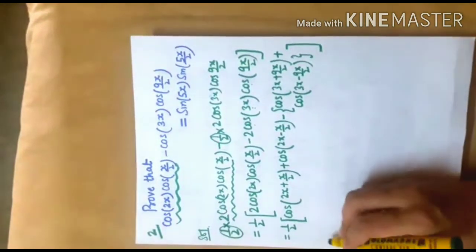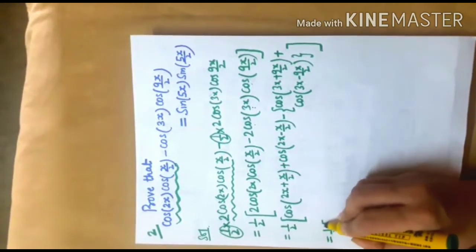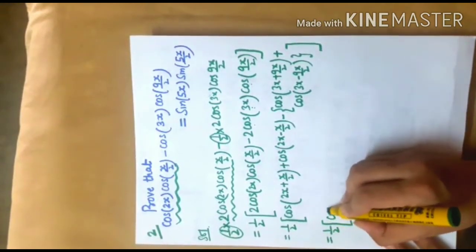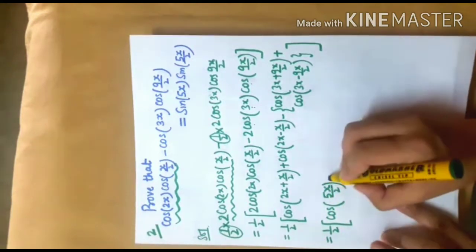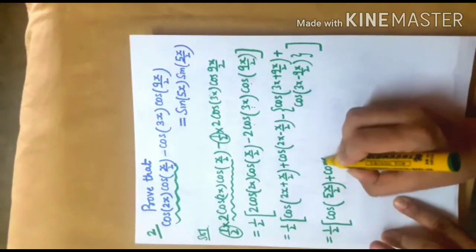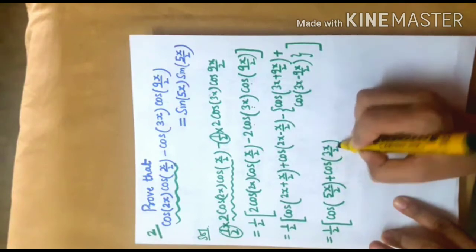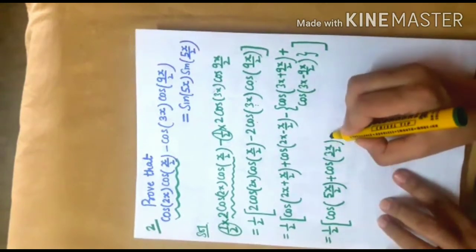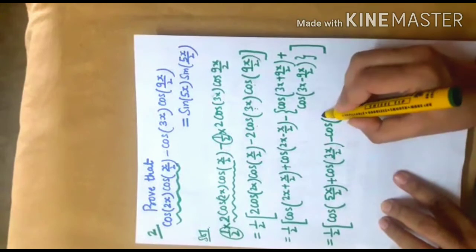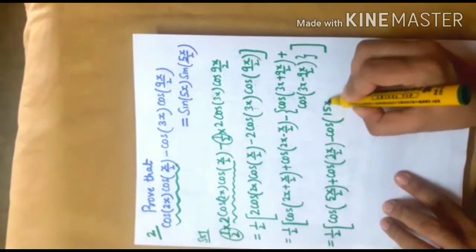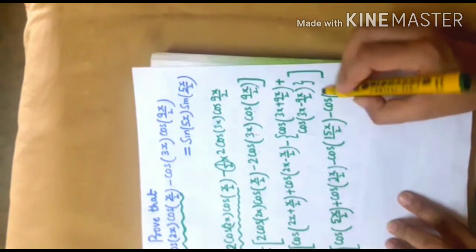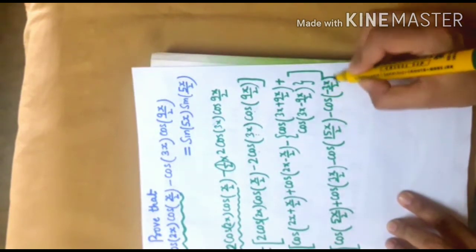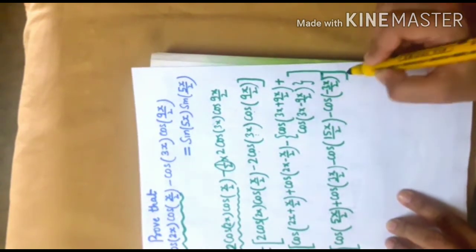So on simplification, I'll get cos 5x by 2 plus cos 3x by 2 and here minus cos 15x by 2 and minus cos minus 3x by 2, right?